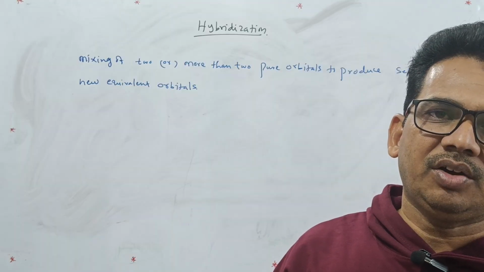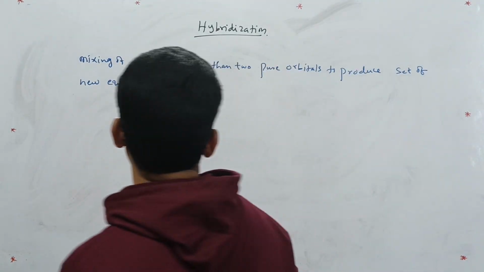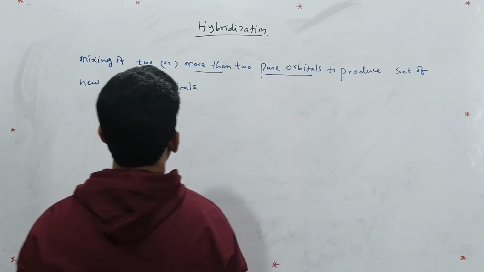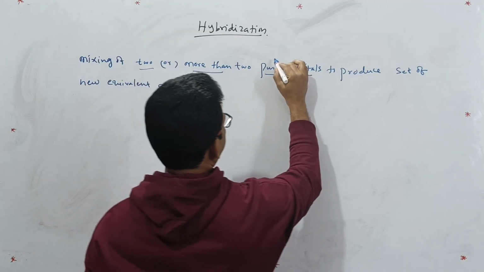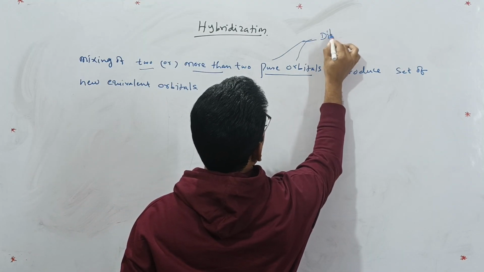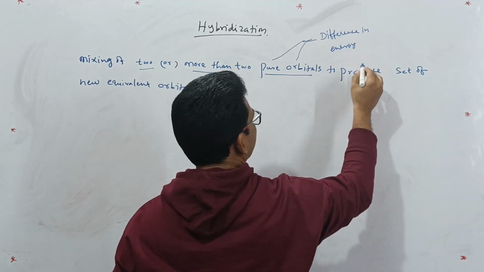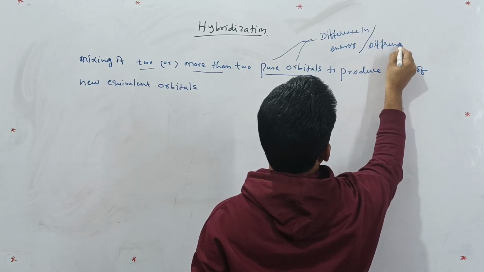This process only we call hybridization. It means two or more than two pure orbitals. When you are mixing these orbitals, they have a difference in energy as well as a difference in shape.